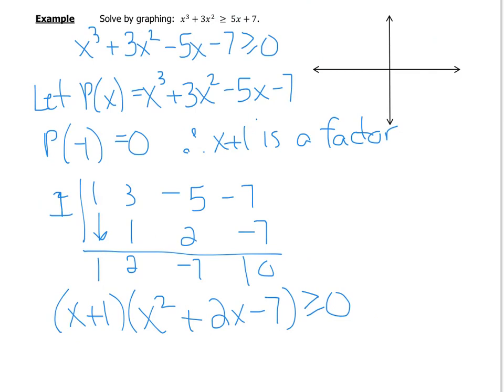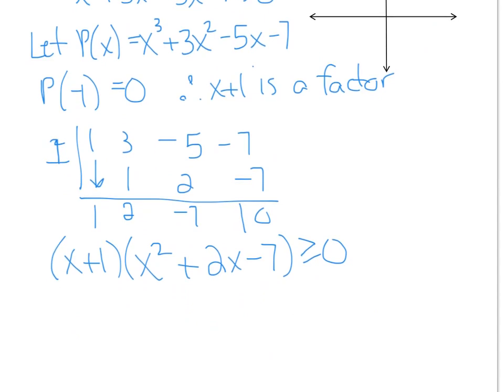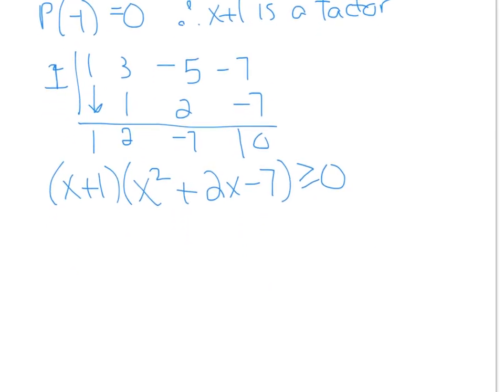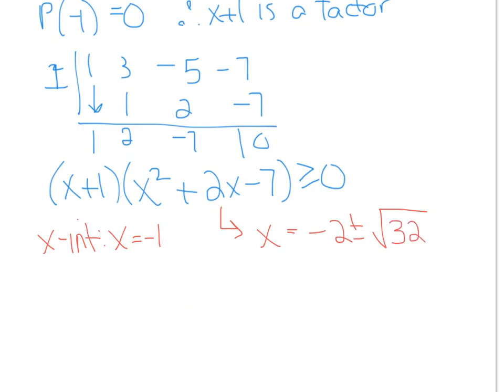Let's find our x-intercepts. We have one x-intercept here of x equals negative 1. And then over here, we're going to have negative 2 plus or minus the square root of 4 plus 28, so 32, all over 2.